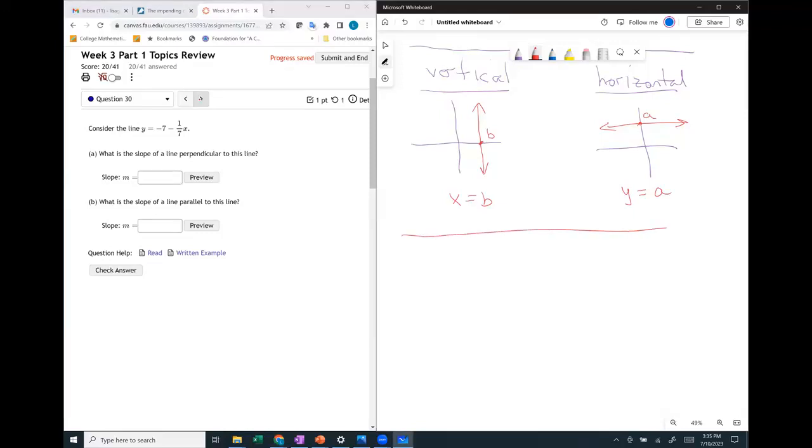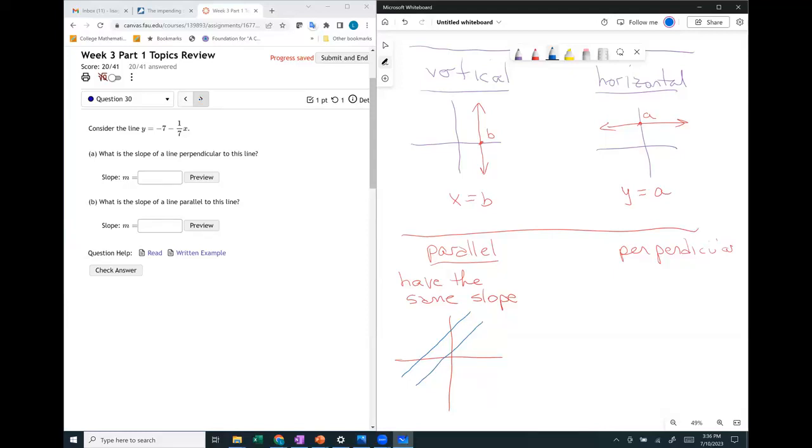Now we're going to talk about parallel and perpendicular lines. So parallel lines have the same slope. So if I have a graph and I have a line here, a line parallel to it, parallel means they never touch, like railroad tracks.